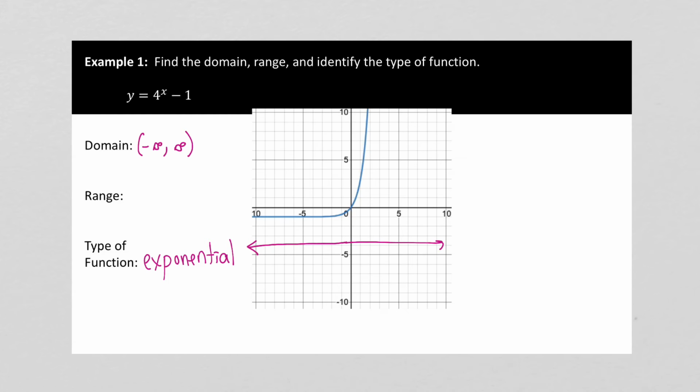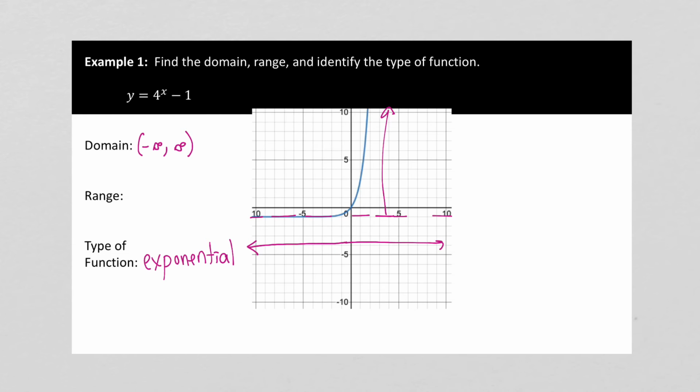This particular one, let's see, the range, so it looks like we're starting at about negative 1 and going up forever. However, with an exponential function, you never hit. So there's actually what we call a horizontal asymptote at negative 1.